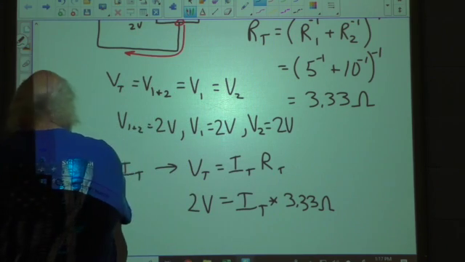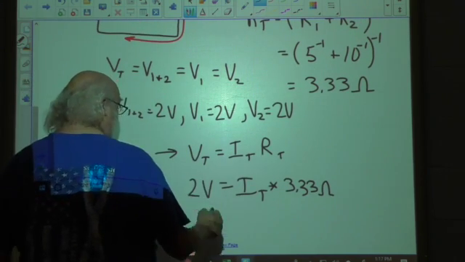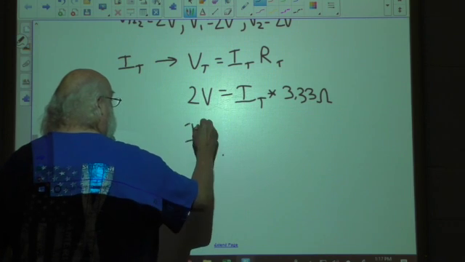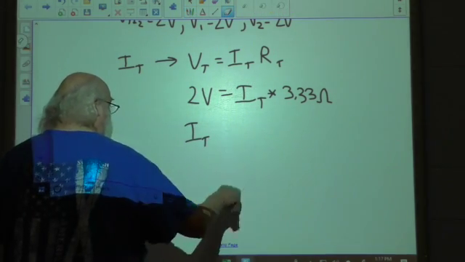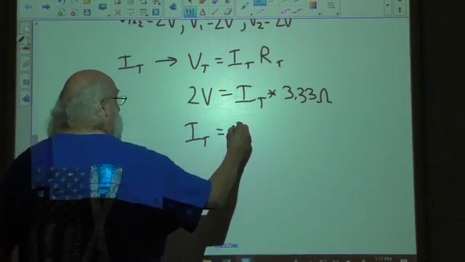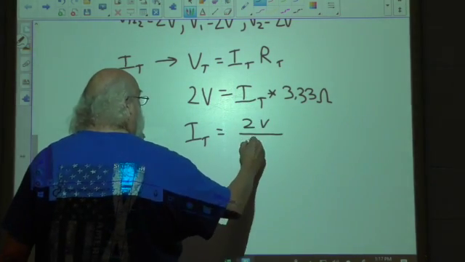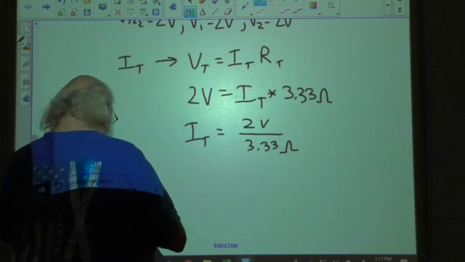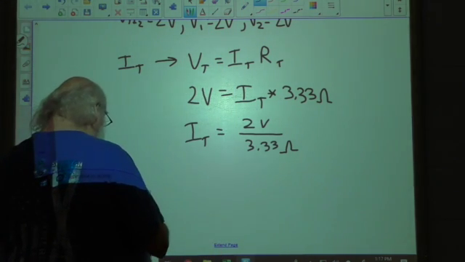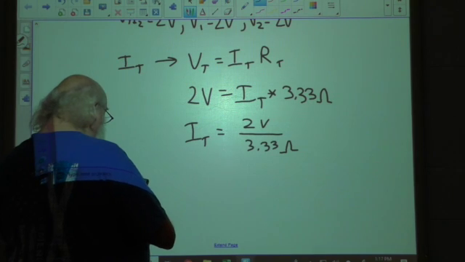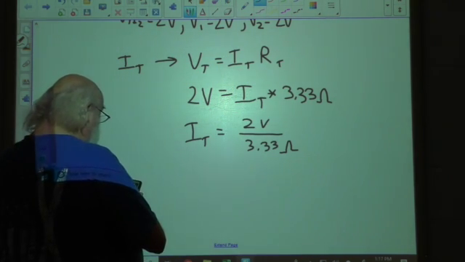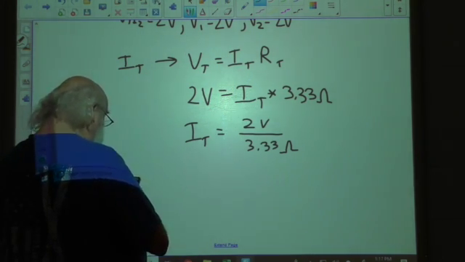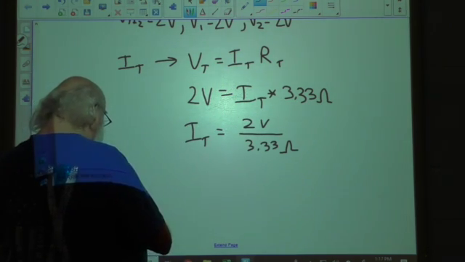So on my calculator, to find I total, I'm going to take 2 volts over 3.33 ohms. I'm going to calculate 2 divided by the second answer.